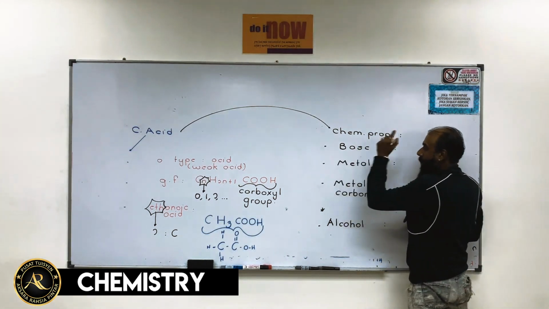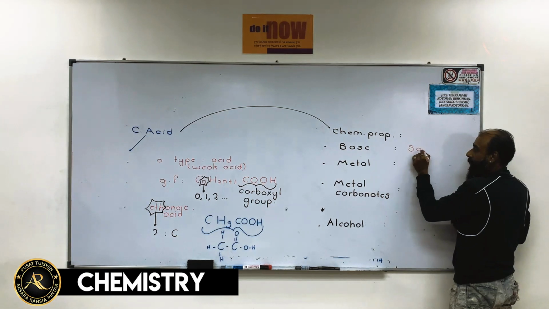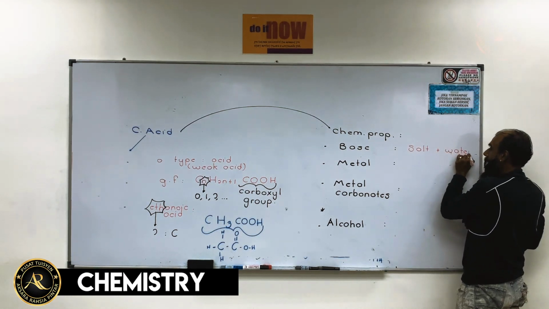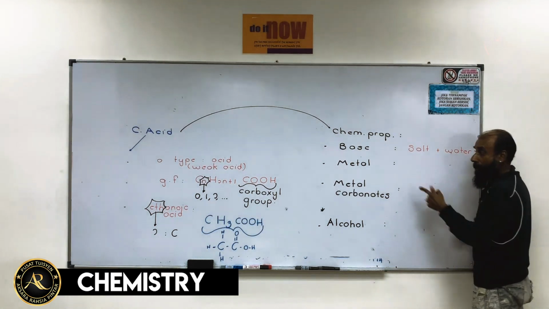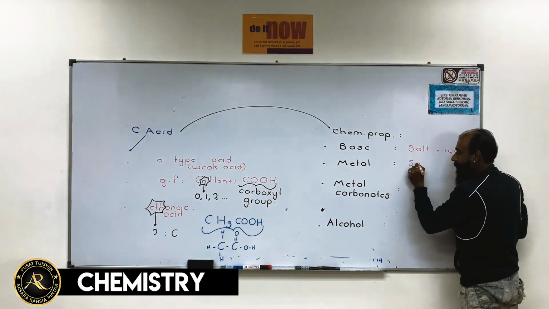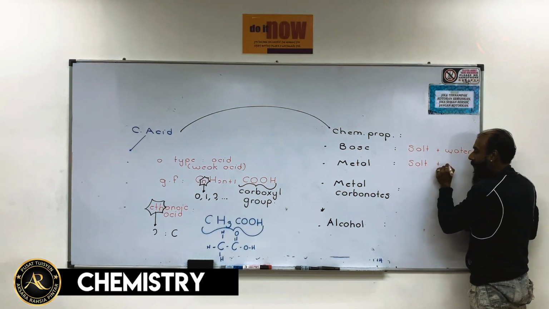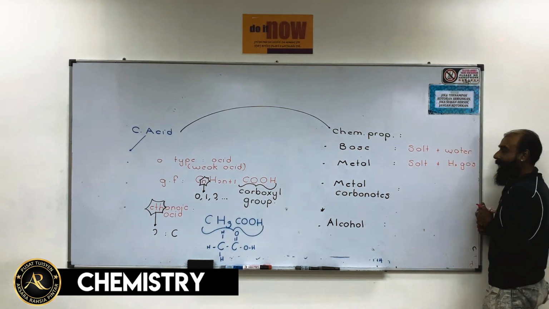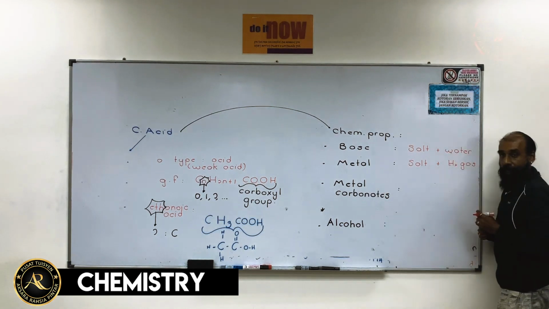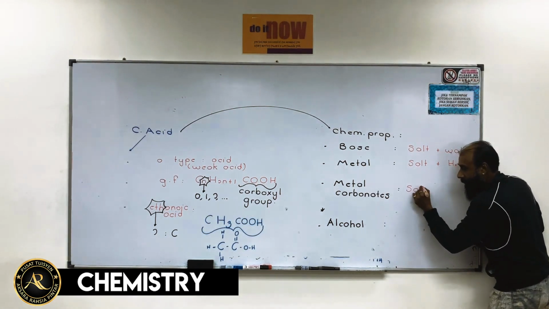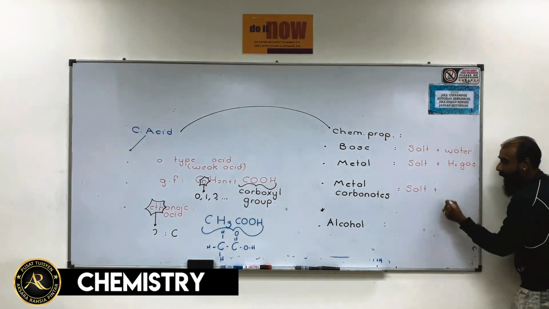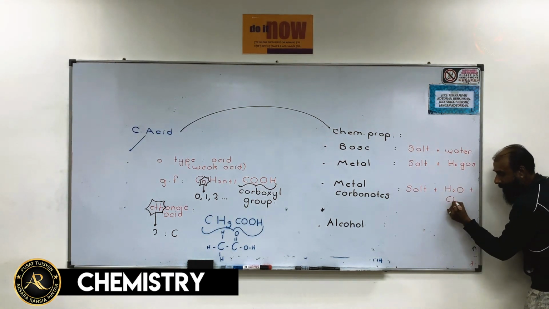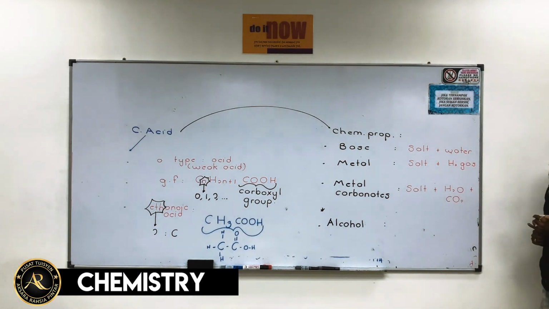Acid plus base gives salt plus water. Acid plus metal gives salt and hydrogen gas. Acid plus metal carbonate gives salt plus water and carbon dioxide gas.